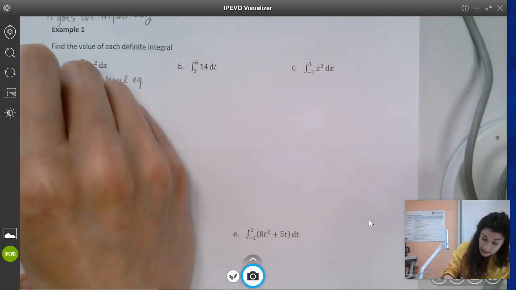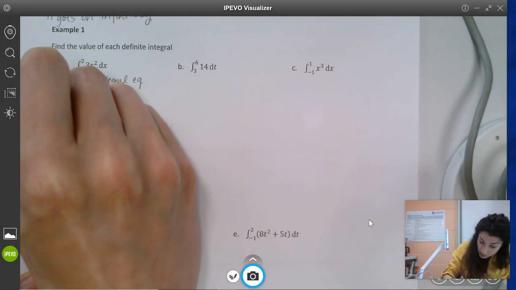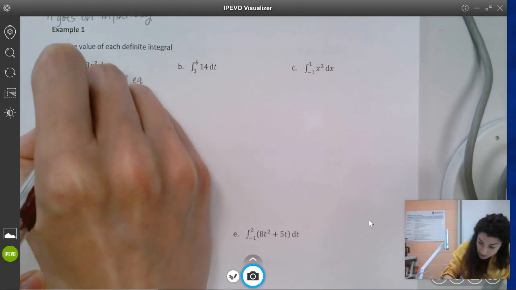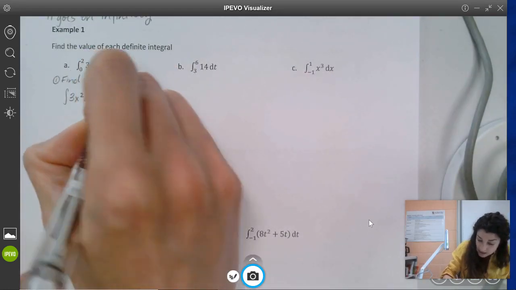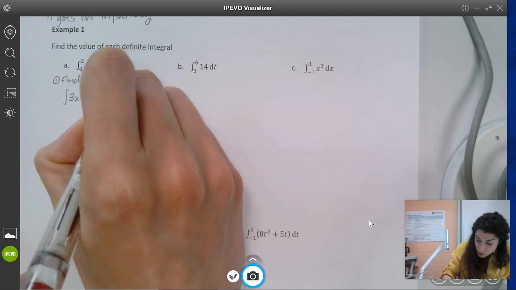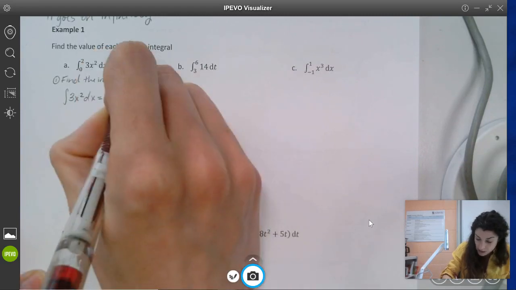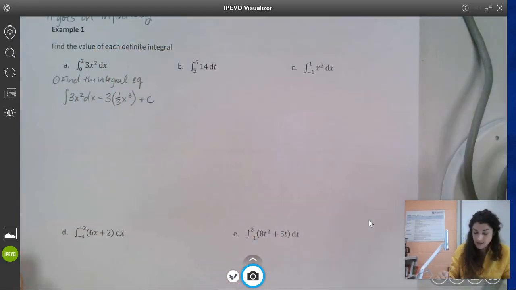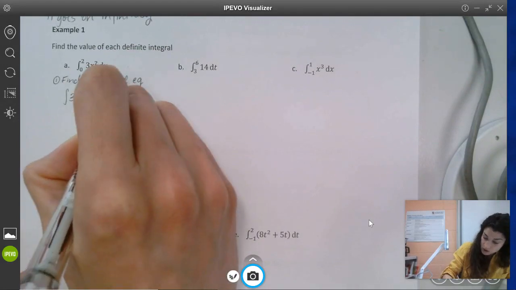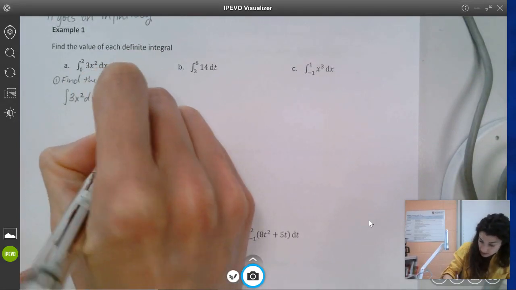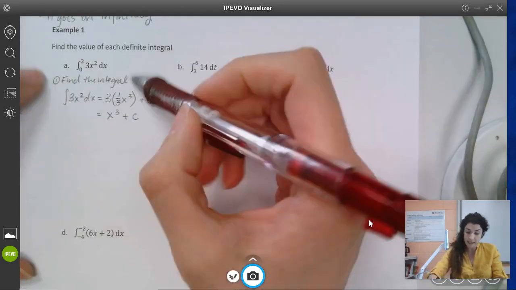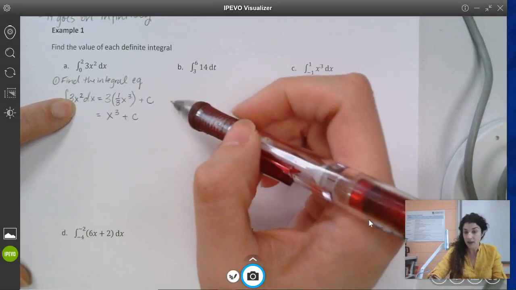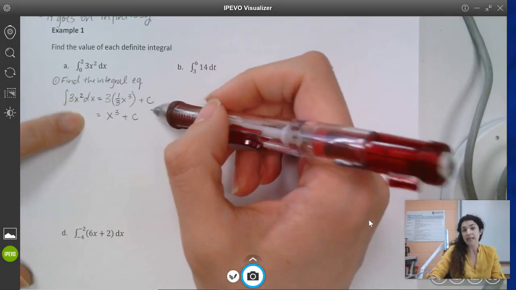So if we wanted to find the equation for the integral of 3x squared, we would do 3 and then x cubed over 3, and then plus c. So that's just x cubed plus c. Hopefully that's coming back to us. Take that coefficient out, raise that exponent up to 3, and then divide by that new exponent, and then plus c at the end.